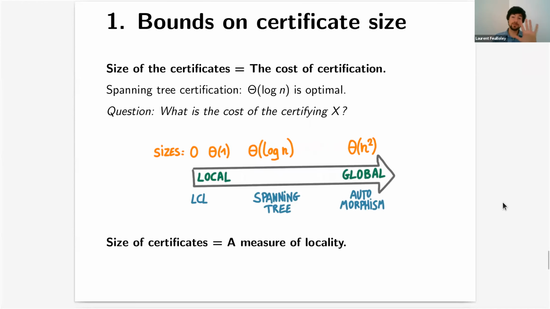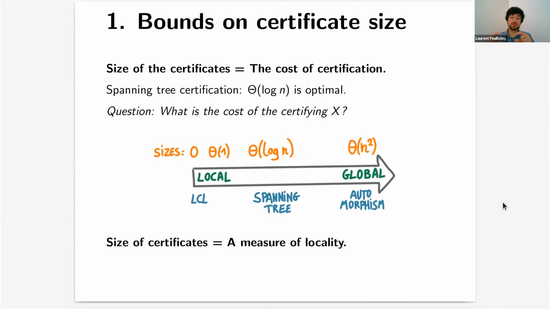Okay, so topic one, I said 5 research directions, so this is the first one. Topic one is to have bounds on the certificate size. So I said that these certificates, this label, this additional information, these are things that you store in memory in addition to your output. So you don't want this to be large. You want this to take little space.